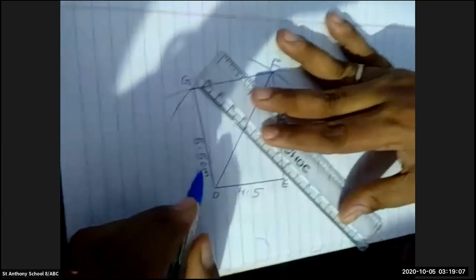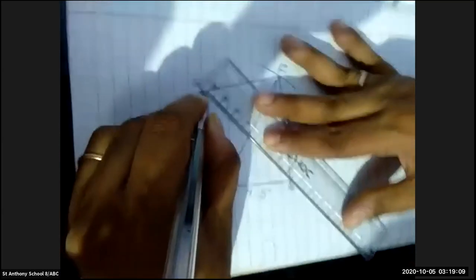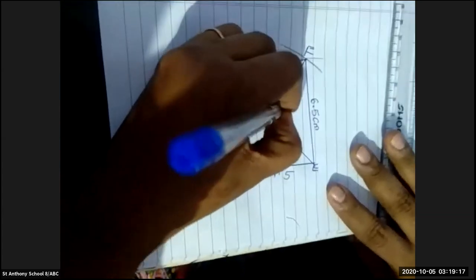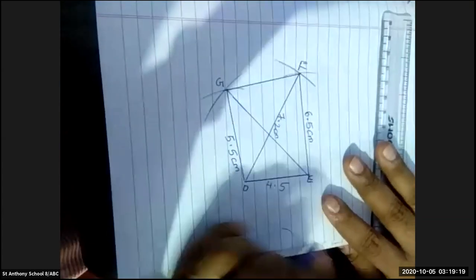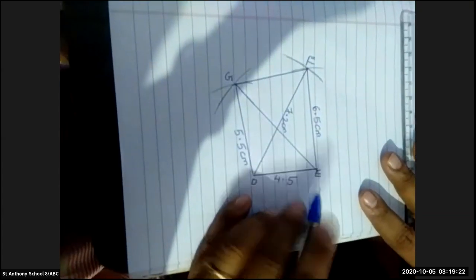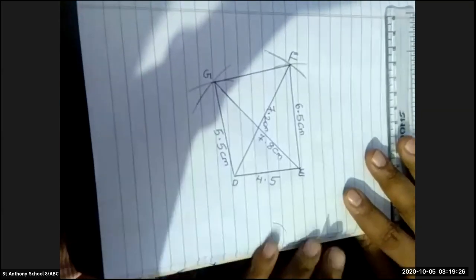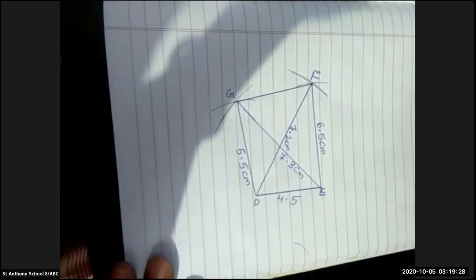That is diagonal EG. Now this diagonal is how much centimeter? It is 7.2 centimeter. Already you have taken. And here the diagonal G and E is how much centimeter? 7.8 centimeter. Now your construction should be made like this.